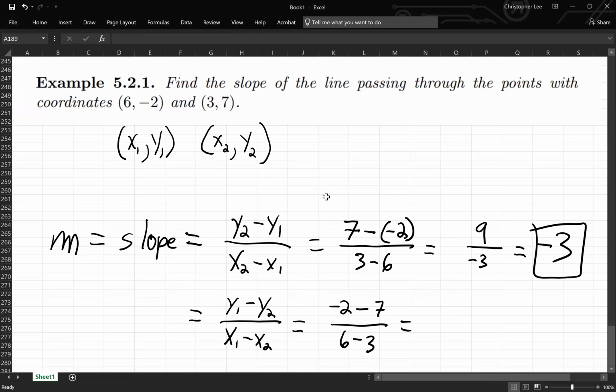Do the math on this. -2 minus 7 is what is it? -9, because you owe me $2 and now you owe me 7 more. So -9 over what's 6 minus 3? And then -9 divided by 3 is -3. So you see, it doesn't matter the order that you go in.